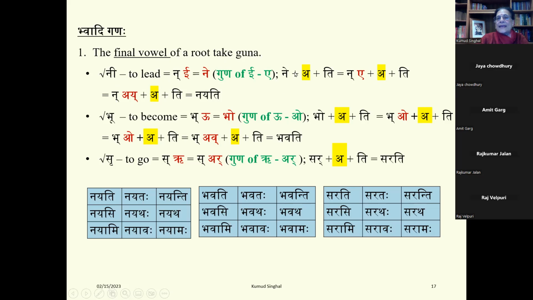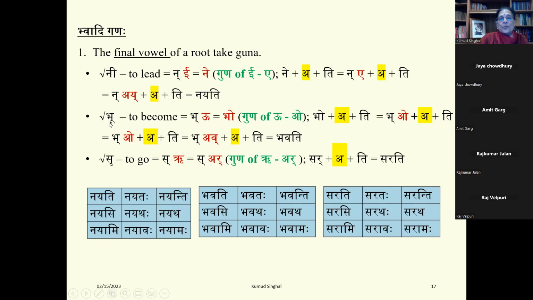Now it is ne plus a plus ti. Here, ne plus a, the purva roop sandhi does not apply when you are doing a conjugation. So the e is replaced by ay. So na plus ay plus a plus ti becomes nayati.